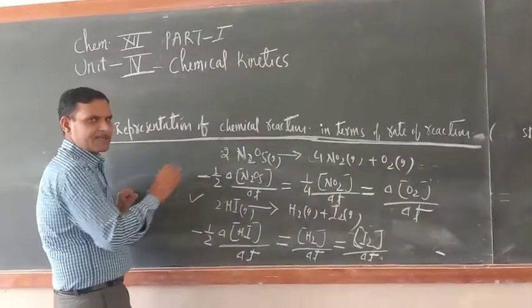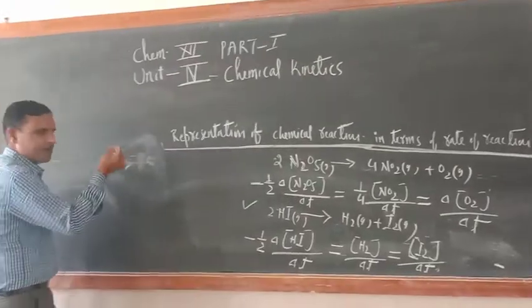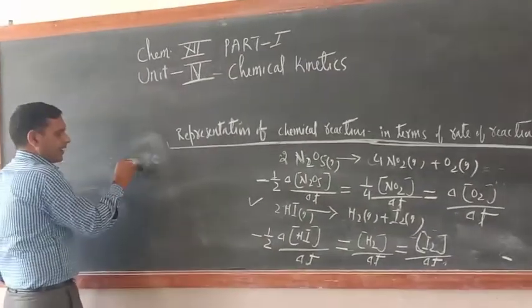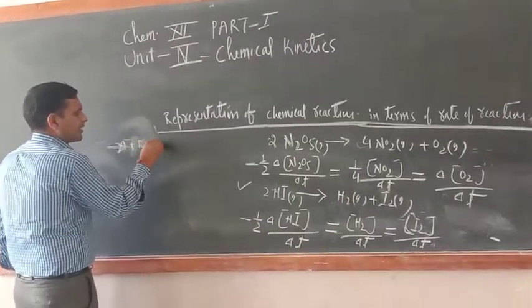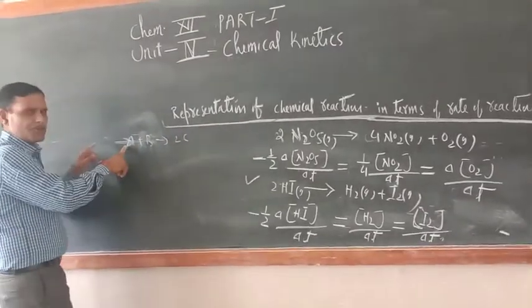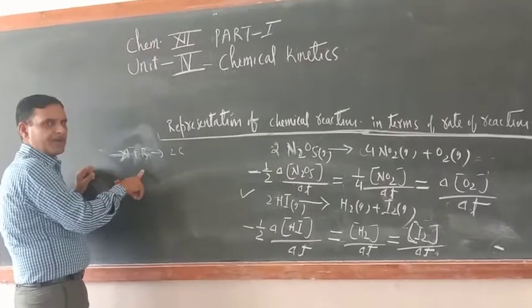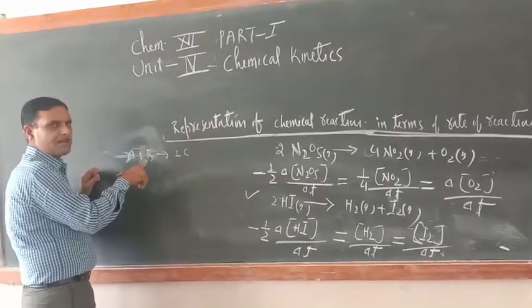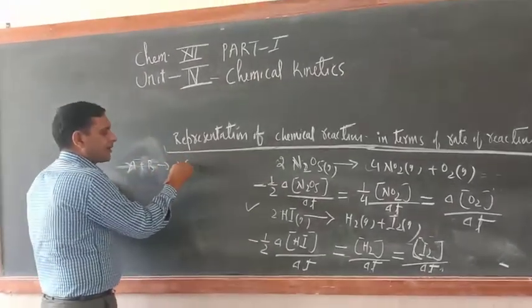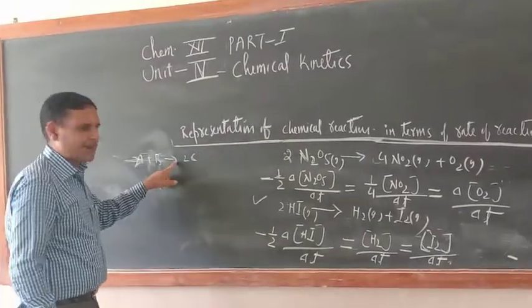It is a very simple thing. Already I told in the first example, if A plus B equals 2C, it means 2 into the rate of disappearance of A equals 2 into the rate of disappearance of B, which is equal to 1 into the rate of appearance of C.